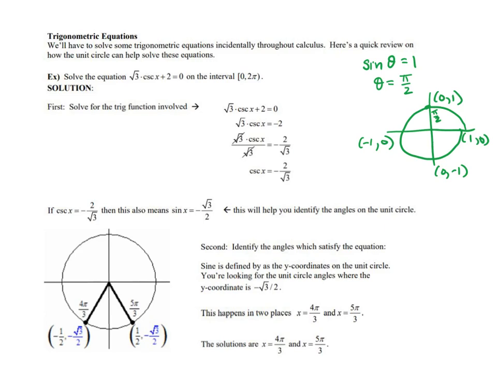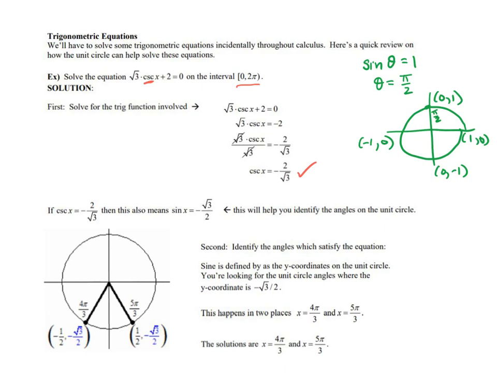If you look at this first example that I've solved, we're solving radical 3 cosecant x minus 2. But again, the first thing you want to do, and you notice it says solve on the interval 0 to 2 pi. Remember, that just means you're basically solving it on your general unit circle because all those angles will repeat, but we're just going to solve it on that interval. So we solve for cosecant. We get the cosecant by itself here.